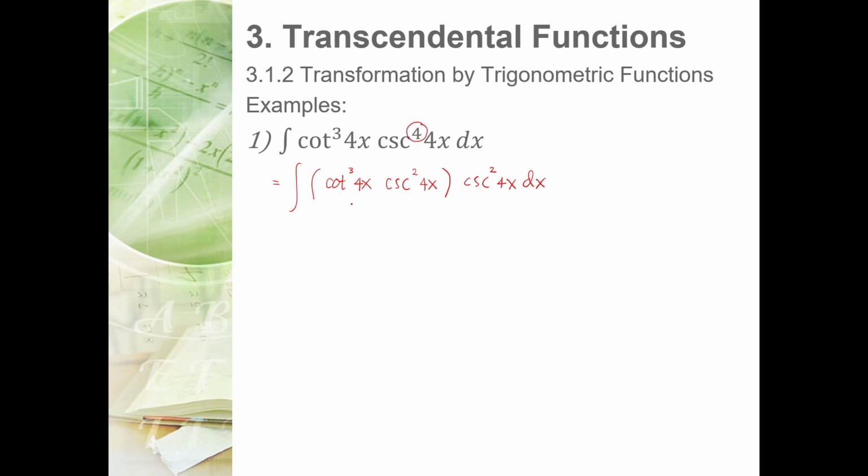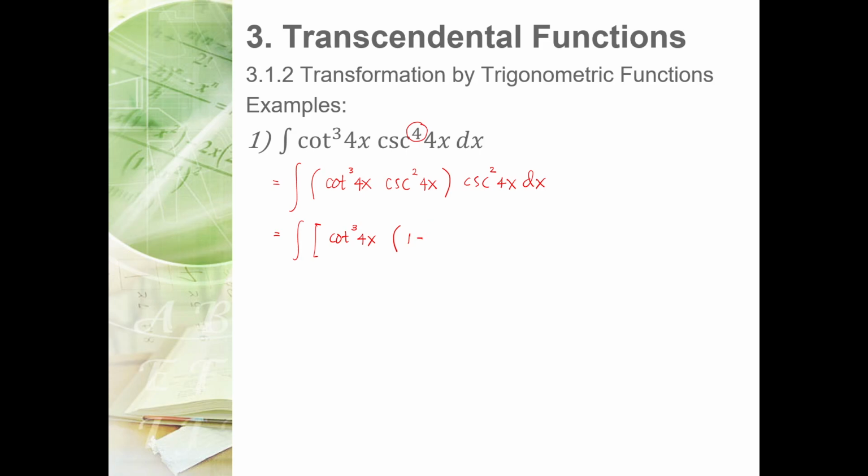Okay, so we now replace the corresponding cosecant squared term. So this becomes cotangent cubed 4x, and then this becomes 1. So I think it's minus 1, right? So I think it's not plus.